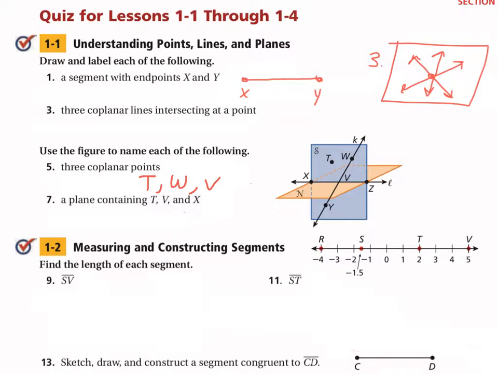So we have T, V, and X. These 3 points are all on the blue plane, which is plane S. So we would write plane S.